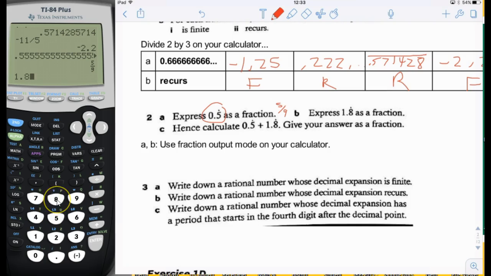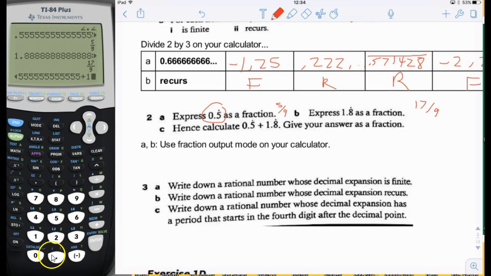I can do the same thing with 1.88888. Let's see, I'm going to write that as a fraction too. So I just hit 8 a bunch of times, hit enter, 17/9. Okay, now I'm going to calculate 0.5555 plus 1.8888, and I can do that also by just typing it a bunch of times.